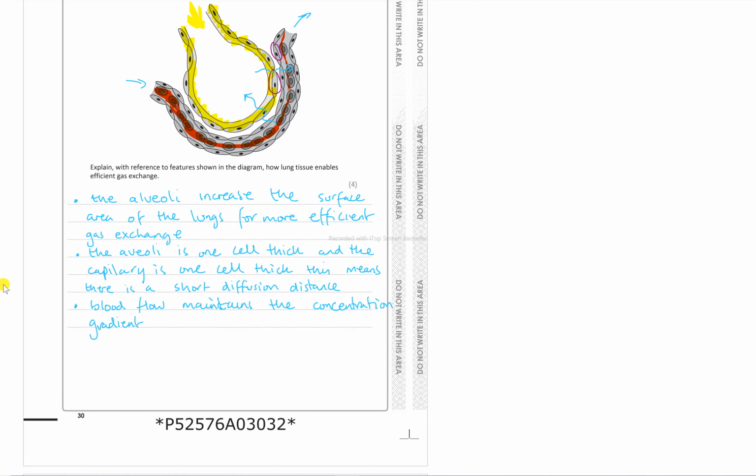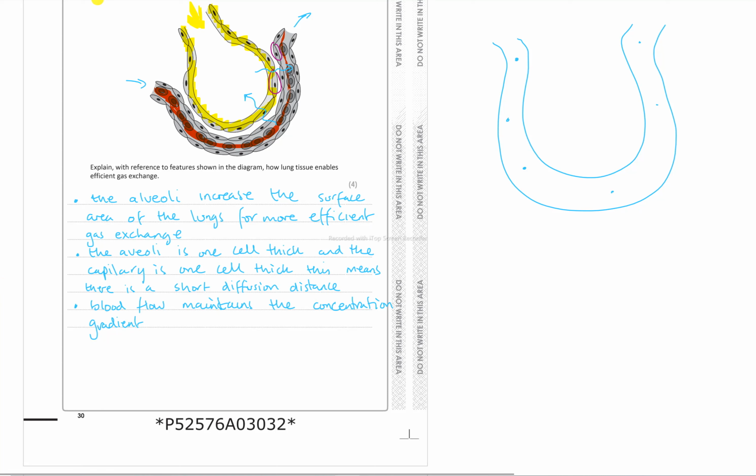So then diffusion continues. Right, so what does that mean? So what you've got is, let's just say this is carbon dioxide, okay, let's just use this as oxygen. So this is oxygen in the blood.